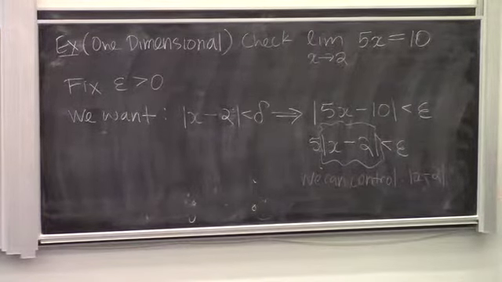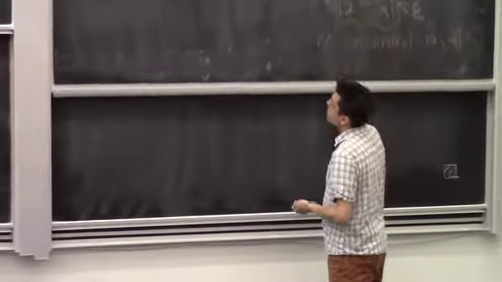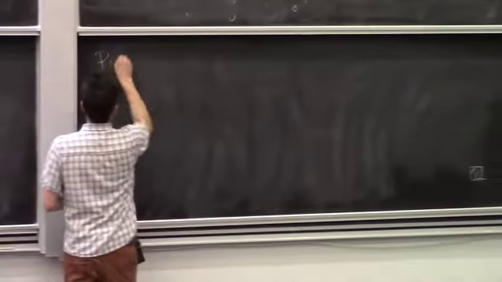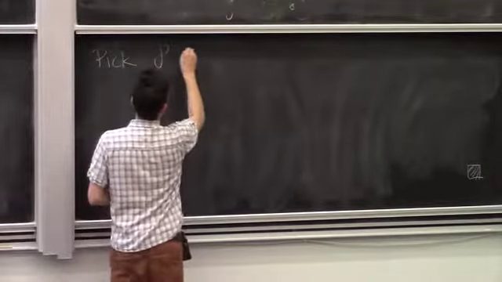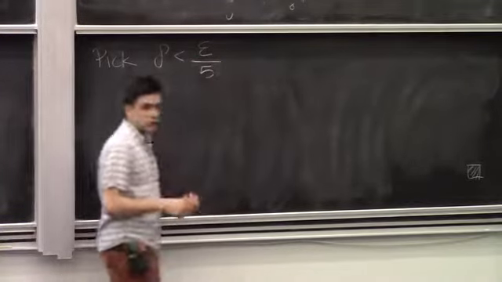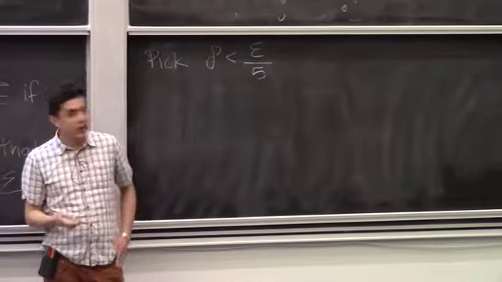The way that we get this estimate is we're going to pick delta to be less than epsilon over 5. What happens then?